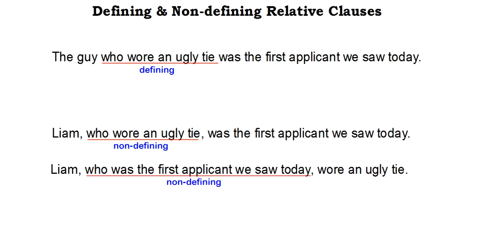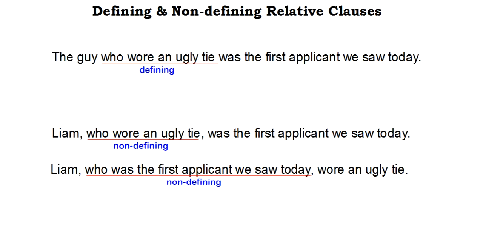But I'm going to just reorder the ideas here. And now I have Liam, who was the first applicant we saw today, wore an ugly tie. And in this sentence, maybe someone asks, like, who was that guy in the ugly tie? What's important in the sentence is the fact that he wore an ugly tie. And I just want you to know, for your information, he was the first applicant we saw today. So it's a bit of a strange sentence, but you can decide which information is essential and which is extra.